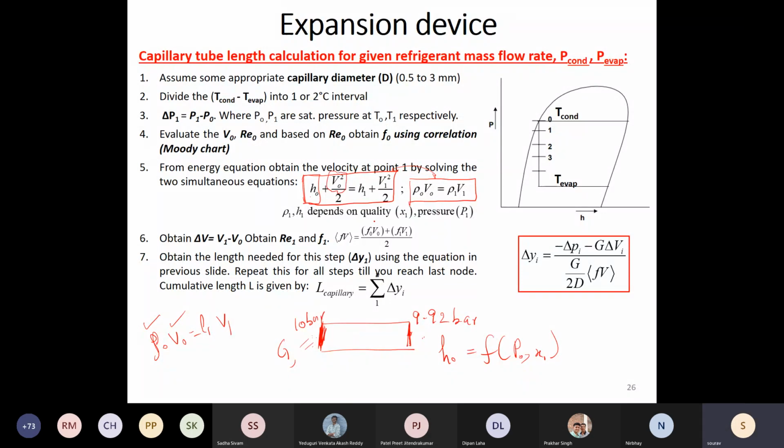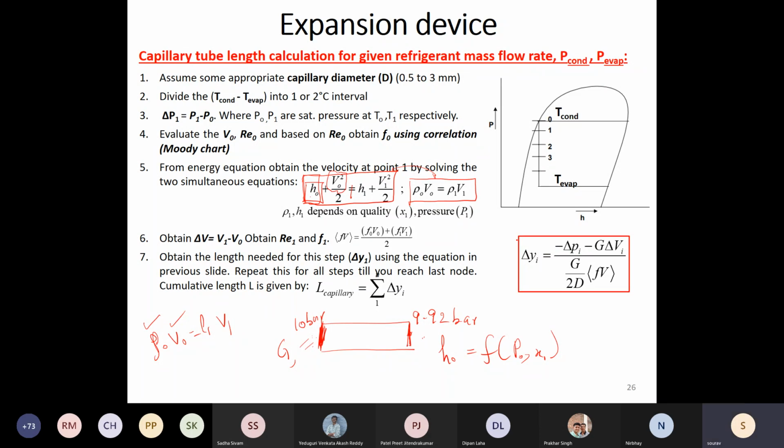You have already assumed the quality, so you know the enthalpy for this assumed quality. Definitely, this is not going to balance it out. Either you will be above your inlet energy or you will be below your inlet energy. So based on that, you make the next guess. So there are various ways of solving such problems.